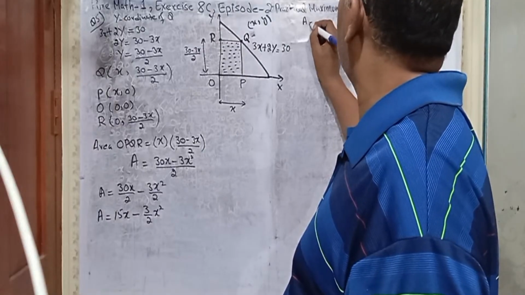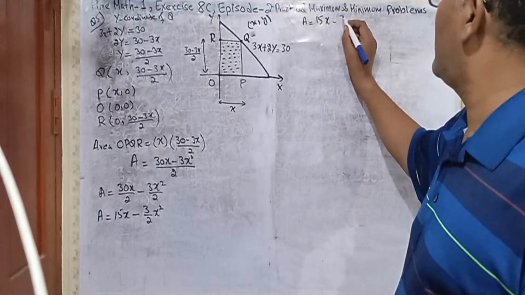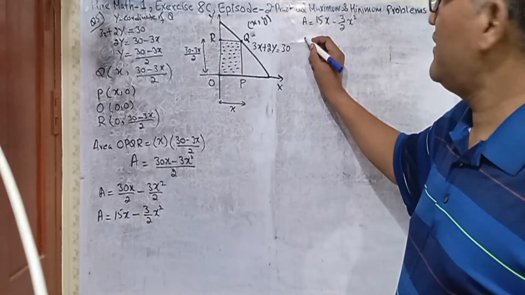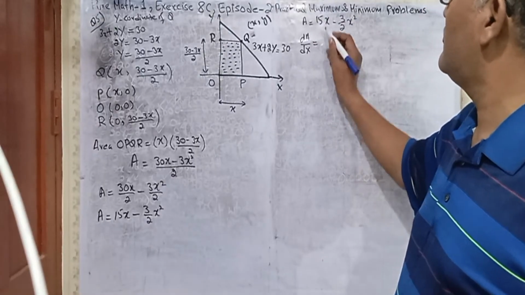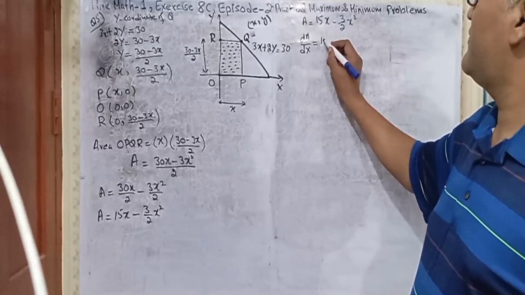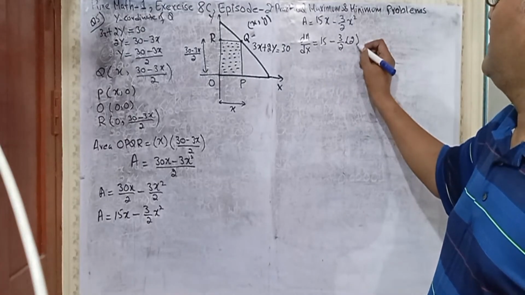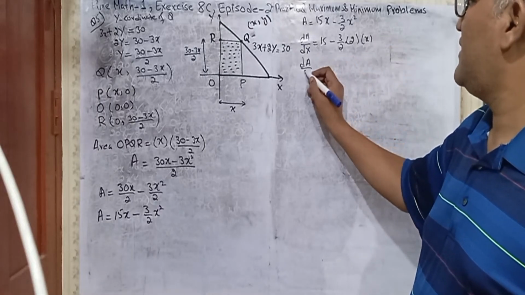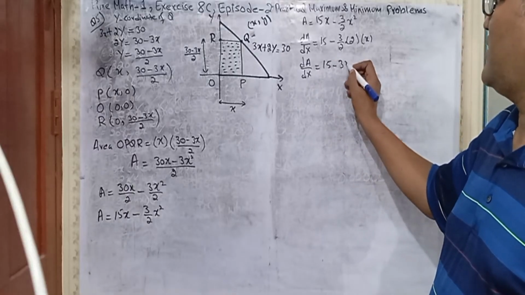A is equal to 15x minus 3 by 2 x squared. So dA by dx will be equal to 15 minus 3 by 2 times 2x, the 2 comes to the side, and then you have x. So dA by dx will be equal to 15 minus 3x.